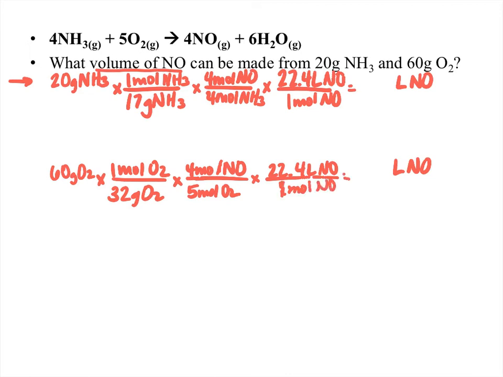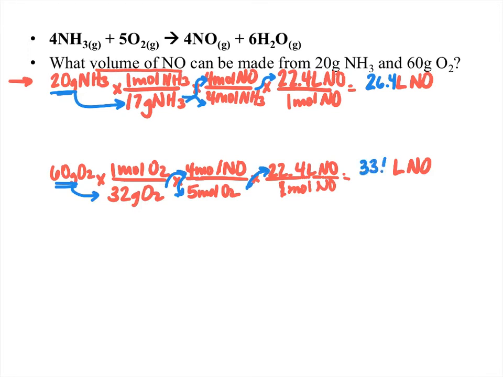So this first calculation would be 20 divided by 17 times 4 over 4, so that's 1, and then times 22.4, and that gives me 26.4 liters of NO. My second setup is going to be 60 divided by 32 times 4 divided by 5 times 22.4. That gives me 33.6 liters of nitrogen monoxide.